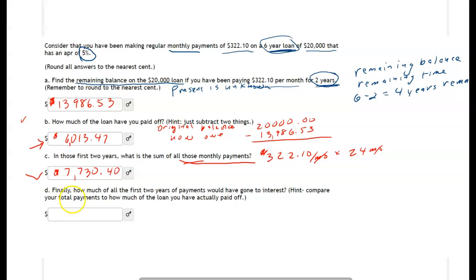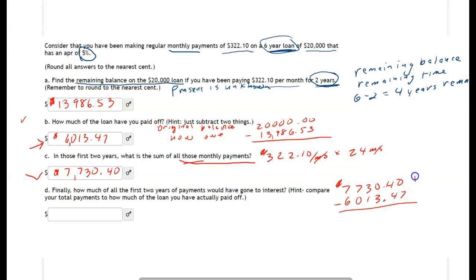They took out interest every month. And so it asks finally, how much of all the first 2 years of payments would have gone to interest? Your total payments were $7,730.40, and the difference between these two amounts is what went to interest.